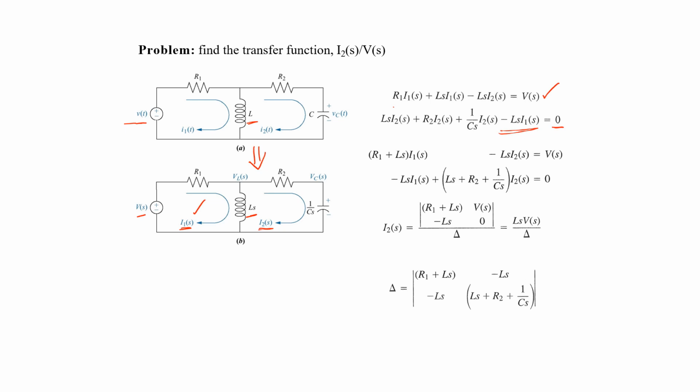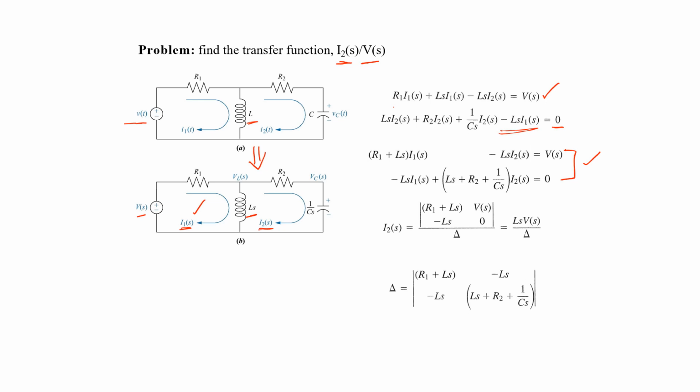So in the current problem, the output is I2 and the input is V. So we will apply the Cramer's rule and we will find the I2 from these two simultaneous equations. And to apply the Cramer's rule, we will firstly separate the I2 and the I1 terms like we did here. And after that, we can easily find the I2.